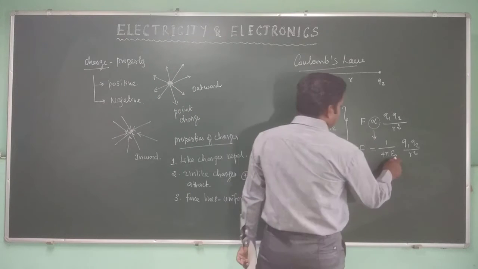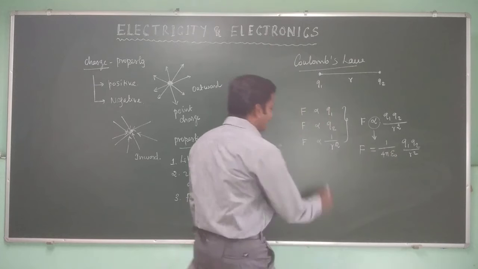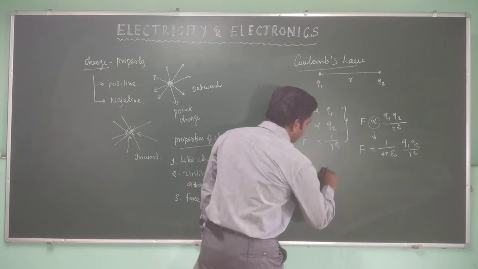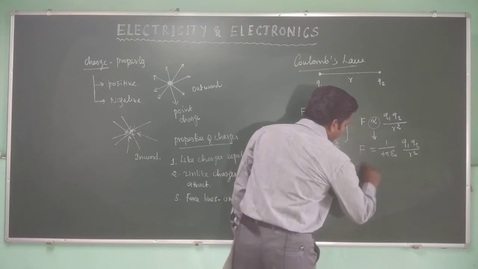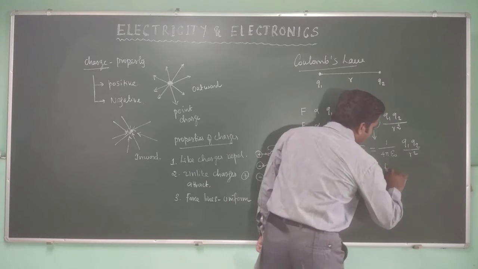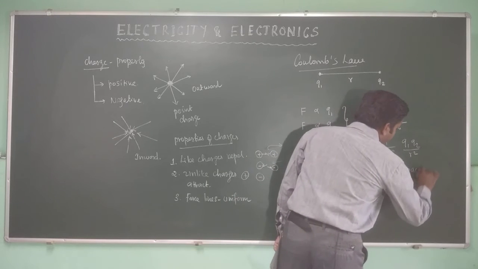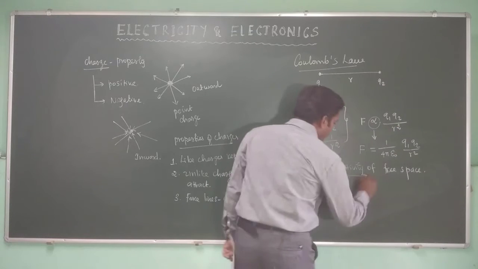Here, this term epsilon naught is called permittivity of free space. What do you mean by permittivity?